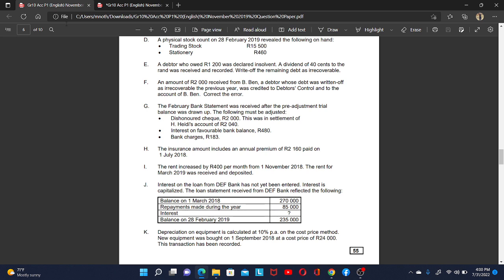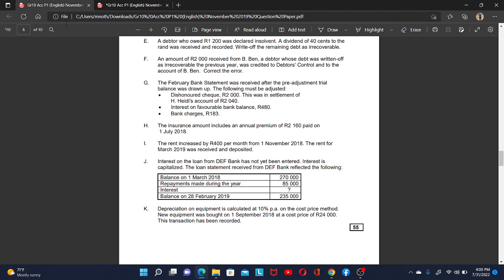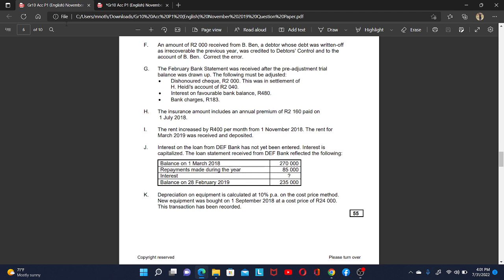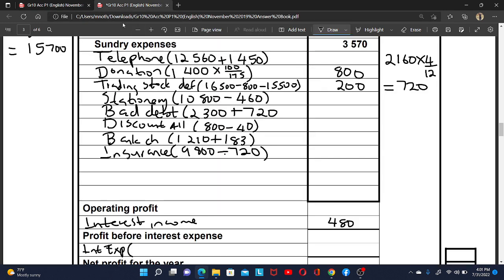They say number 3, interest on loan from DEF bank has not yet been entered. Interest is capitalized received from DEF bank reflected the following. Opening balance is 270.